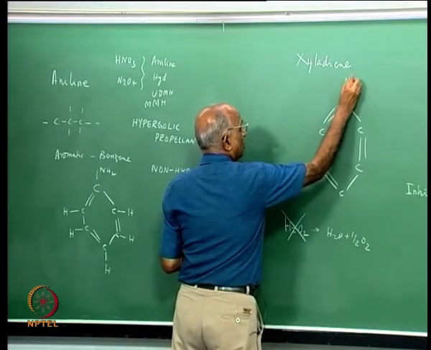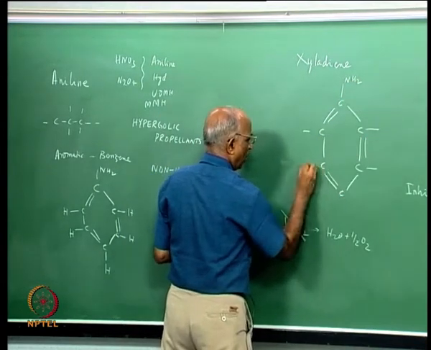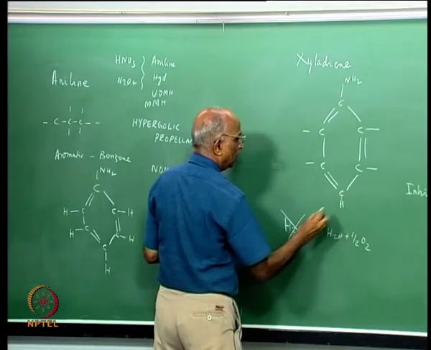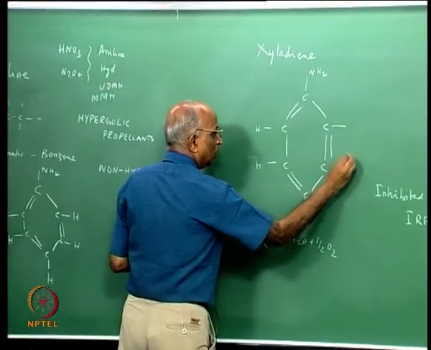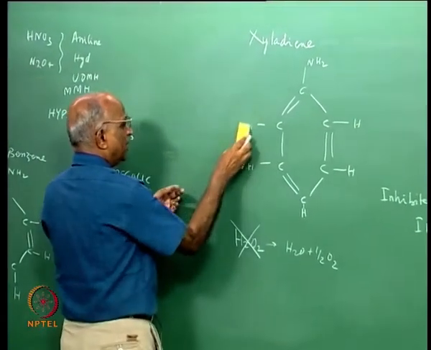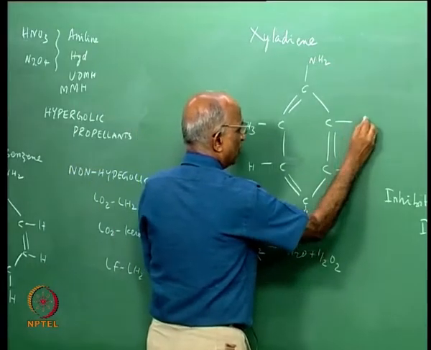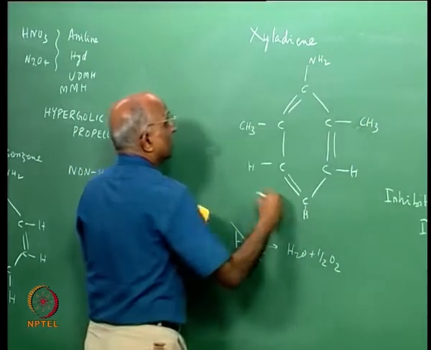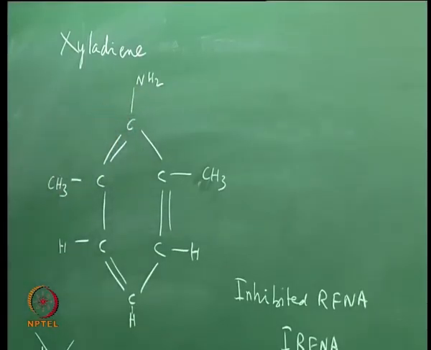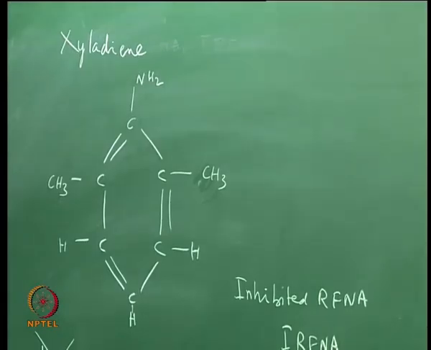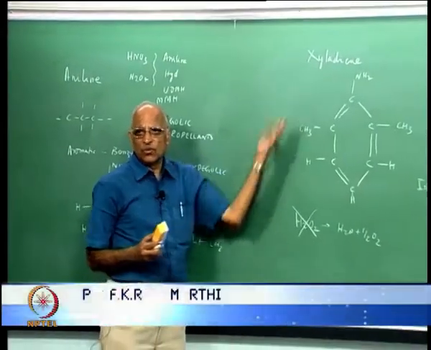You had NH2 here, this was aniline, and the rest was all hydrogen. You remove two of the hydrogen atoms and substitute each by a methyl radical, and this is what is known as xylidine. Again it contains an amine radical and therefore it is hypergolic. These two, aniline and xylidine, are used as liquid fuels for many of the missiles.